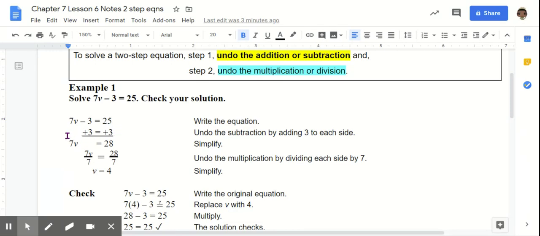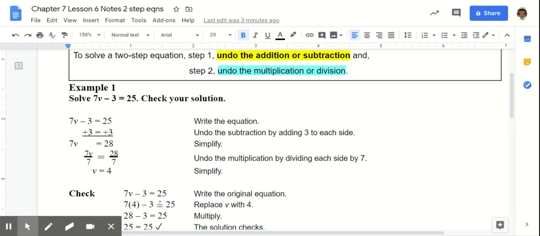So when we add 3 to both sides, negative 3 plus a positive 3 gives you 0. Then you bring down the 7v. You don't have to write the 0, but 7v equals 25 plus 3 equals 28. Now, our next step is we're going to undo the multiplication or division. Well, when we look here, 7 is being multiplied by v.